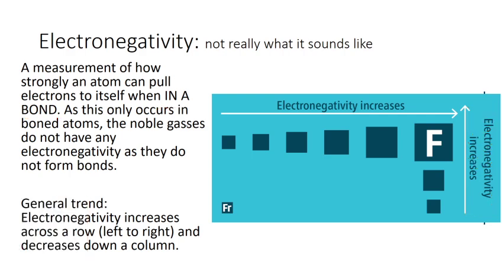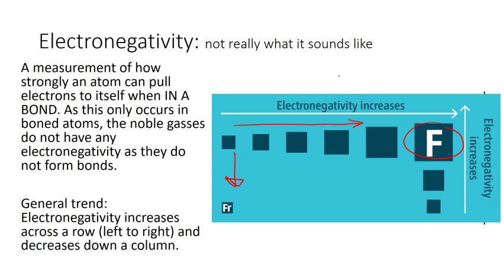Now, the trend: electronegativity, again, increases across a row, decreases down a column. And it has everything to do with effective nuclear charge, right? When you're over here at fluorine, which is the most electronegative atom, it's got a really high effective nuclear charge. Its valence electrons are not far away from the nucleus, and it doesn't have many core electrons, right?